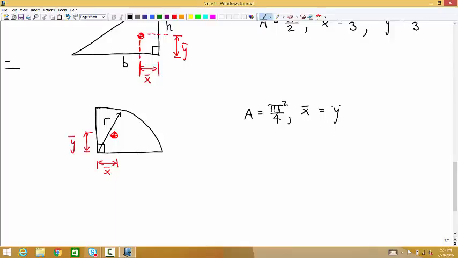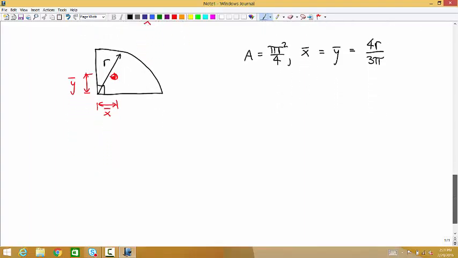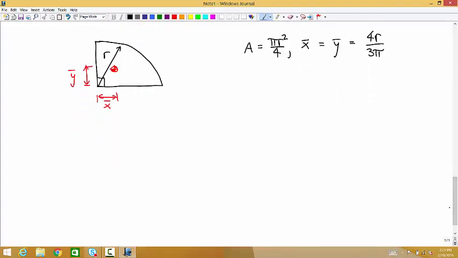X bar and Y bar are both the same. They are equal to 4r over 3 pi. And then the last one I'll do is a parabolic shape. The rest of the parabola would go this way.